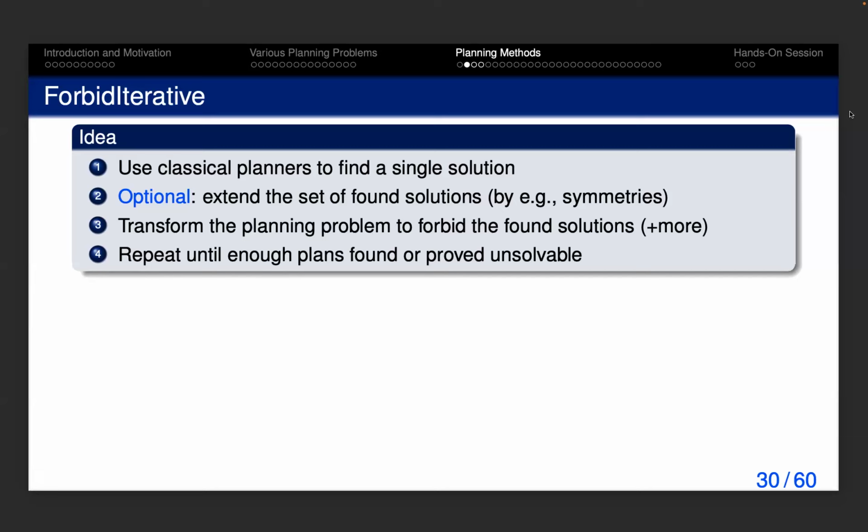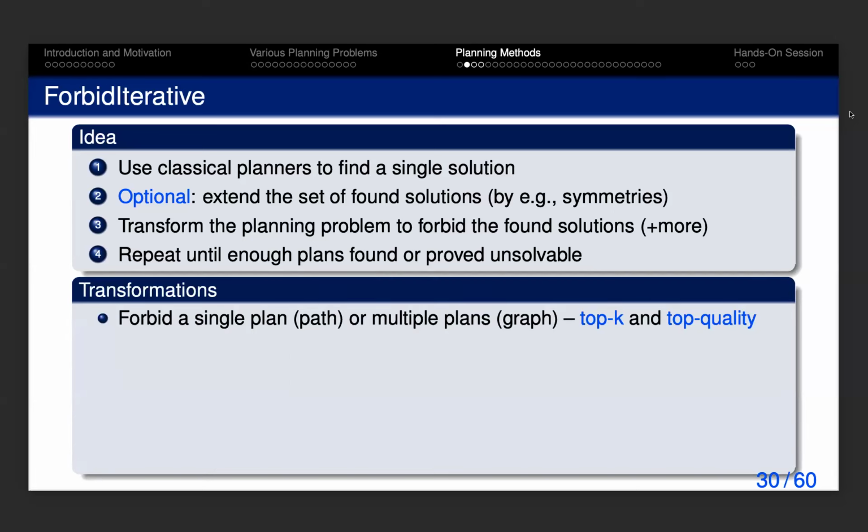Find one plan for the new problem, extend that set, and so on. At some point, you either found enough plans, or you proved unsolvable, or you got stuck solving the problem.